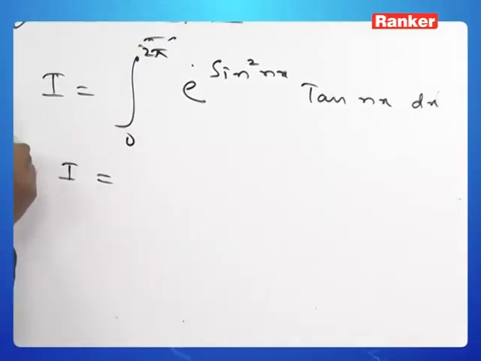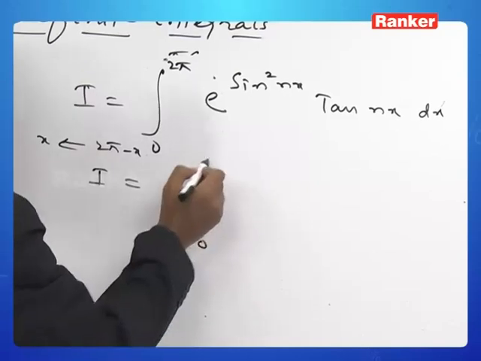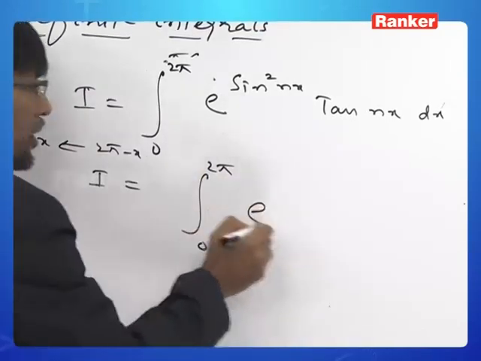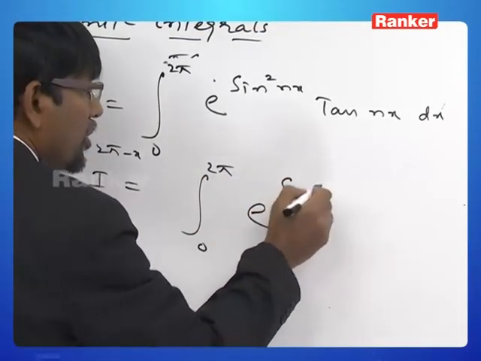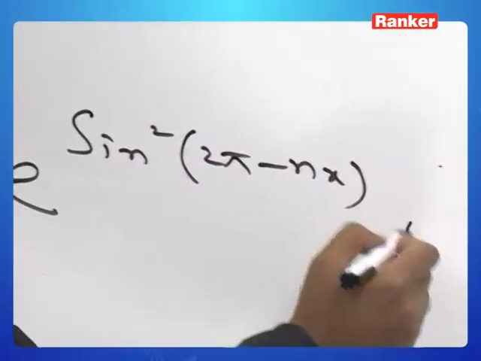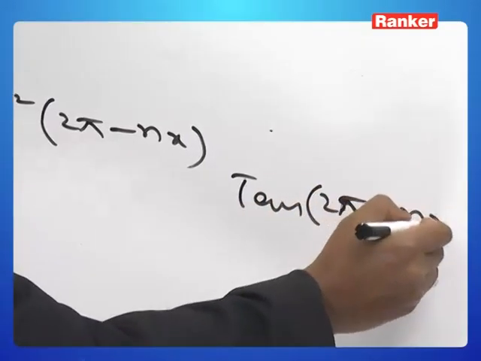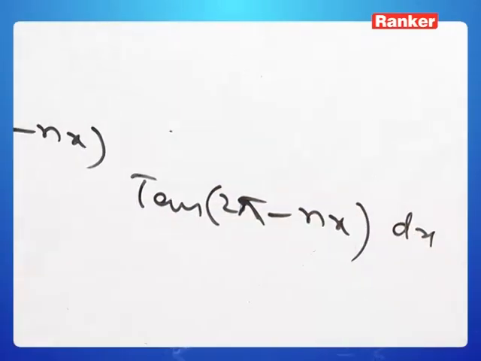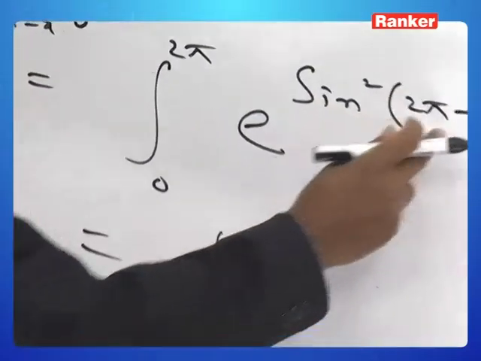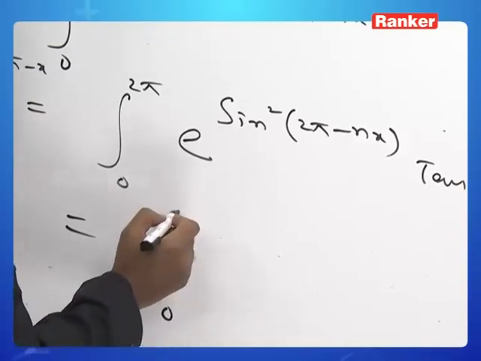I replace x with 2 pi minus x. So, what do we have here? Integral 0 to 2 pi, there will not be a change in this integral. So, e power sine square of 2 pi minus nx into tan of 2 pi minus nx dx. What we have is sine square of 2 pi minus nx will make it sine square of nx only.